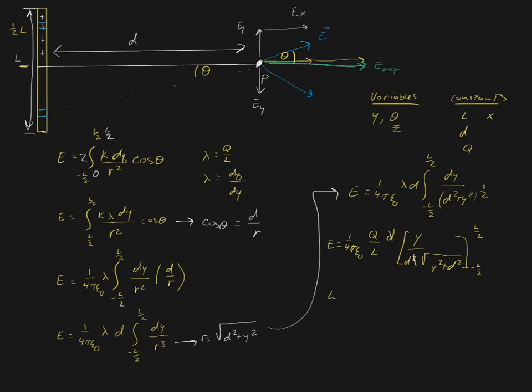So we get E is equal to q over 4 pi epsilon naught L times, all right, now y is going to become L over 2 over d times the square root of L over 2 squared plus d squared, minus a minus L over 2 over d times the square root of minus L over 2 squared plus d squared.